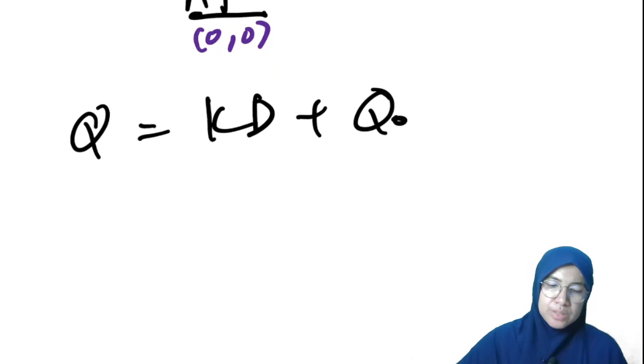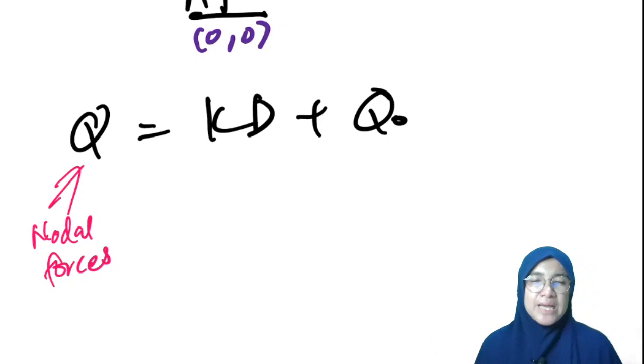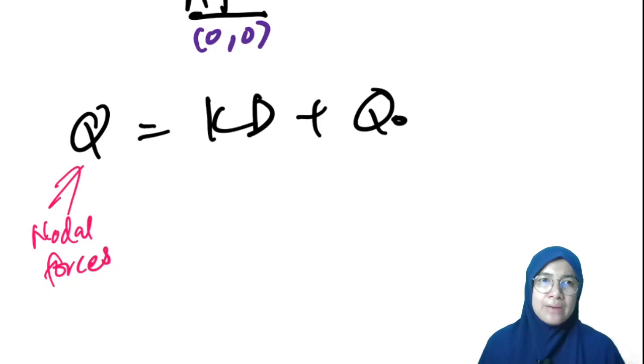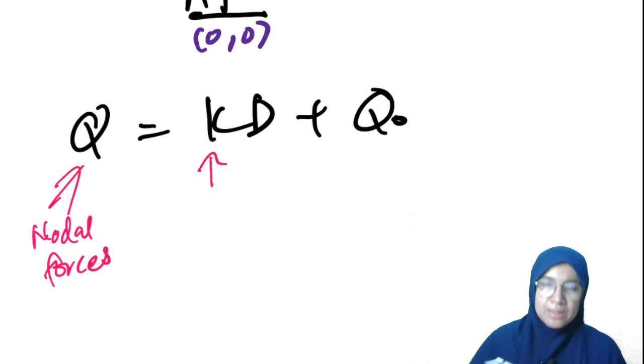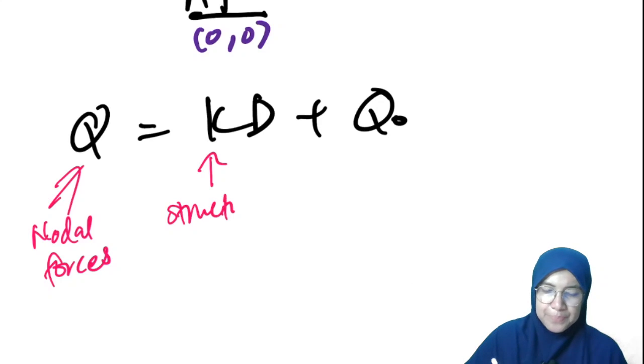So as usual, Q is the nodal forces, meaning whatever load is subjected directly at nodes, we call it nodal forces. K, capital K, is the structure stiffness matrix.